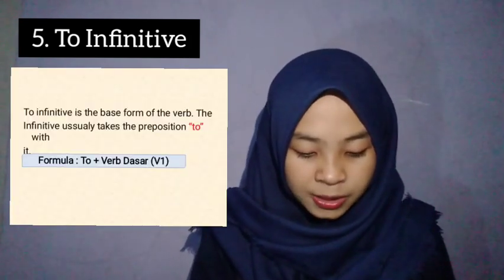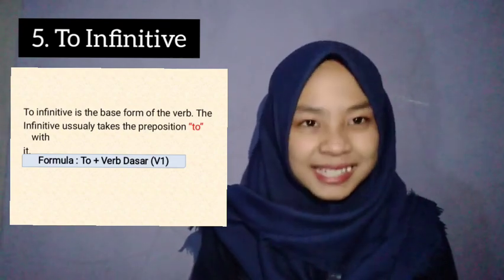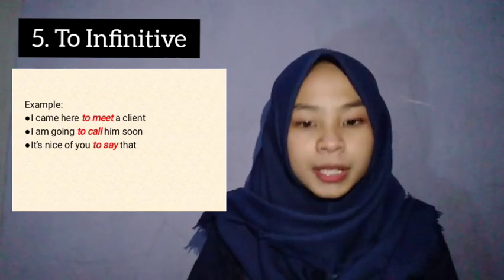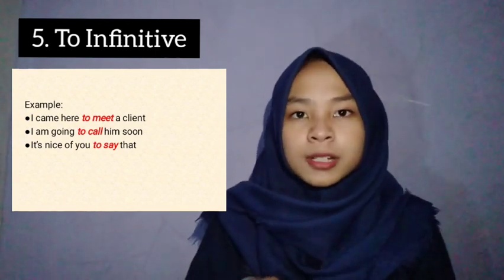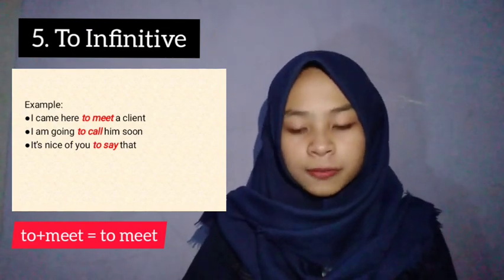And number 5 is to infinitive. To infinitive is the base form of the verb. The infinitive usually takes the preposition to with it. The example: I come here to meet a client. Meet is the verb and to meet is the to infinitive.